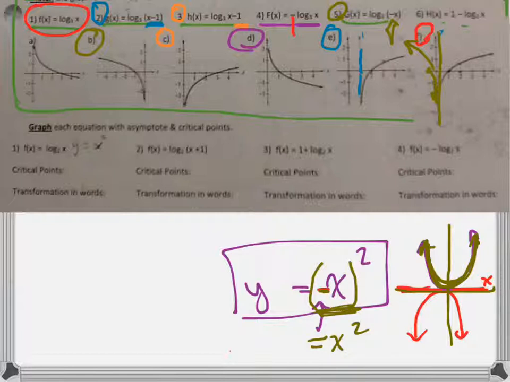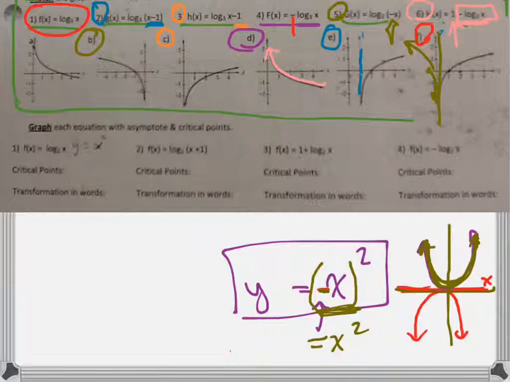See, I'm running out of colors. I'll do this in pink. So number 6 right there. This is what I like to do. I like to take your base graph, but now my base graph is going to be the negative log base 3 of x. So remember that one, that was the purple one. So this is my base graph right here. And now what does that 1 do to it? Is that inside or outside?